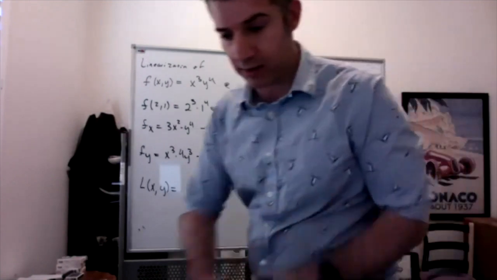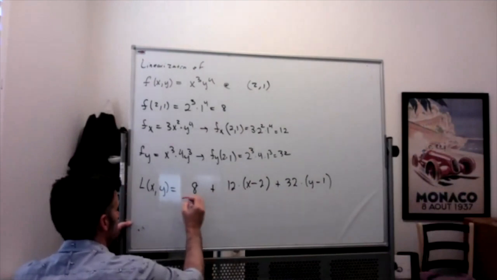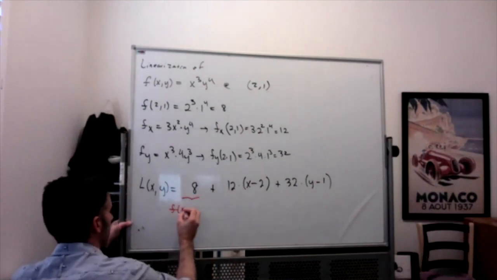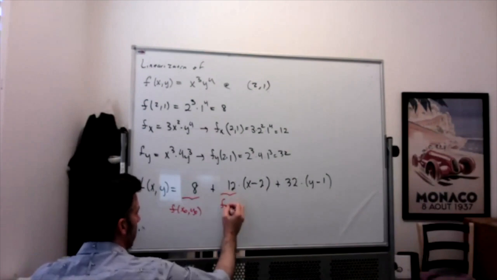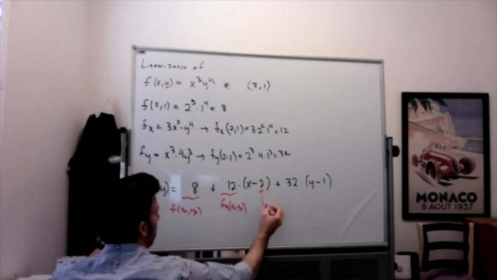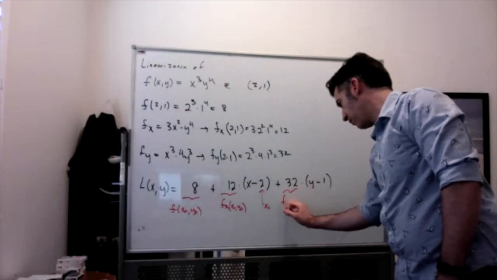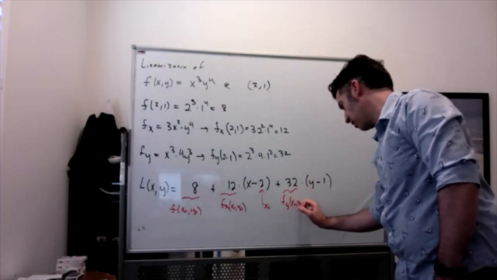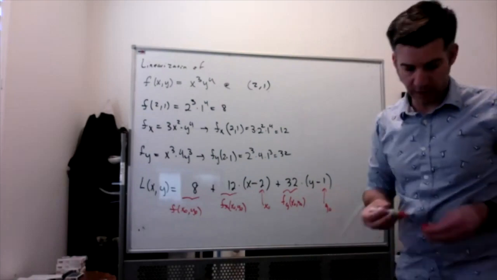That's the whole thing. And just let me say it right. So this here is our f of x naught y naught. This is our fx evaluated at x naught y naught. There's your x naught. There's your fy evaluated at x naught y naught. There's your y naught. There's the whole formula.